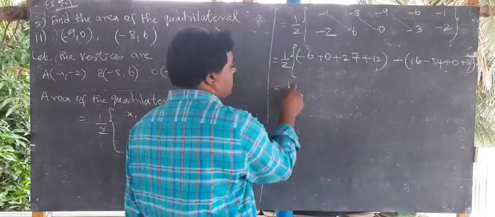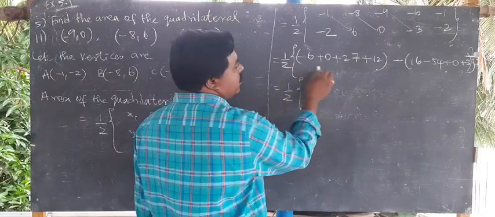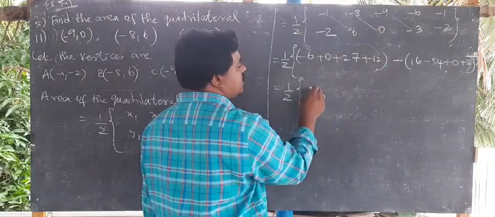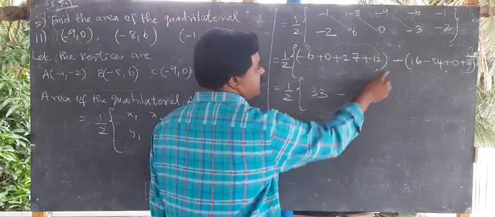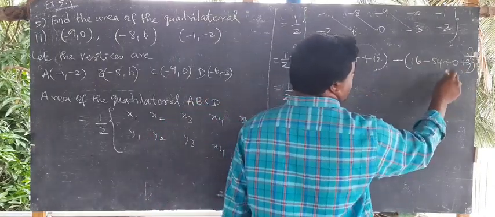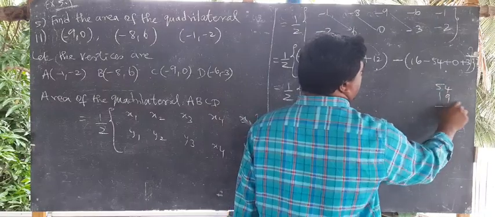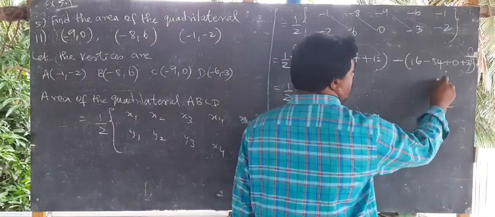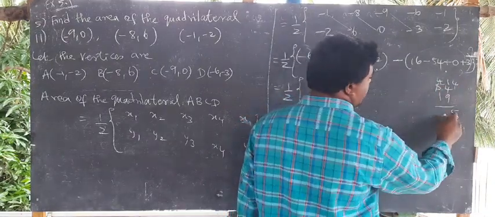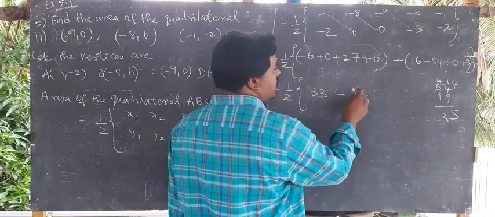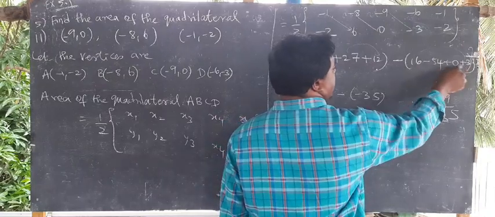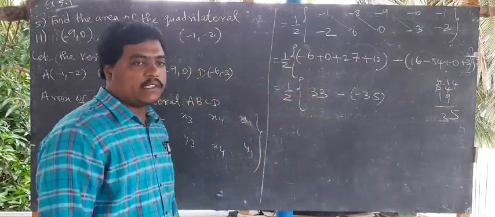This equal to 1 by 2, 27 plus 12, 39, 39 minus 6, 33, minus 16 plus 3, 19, 19 minus 54, what is the answer? Minus 35.